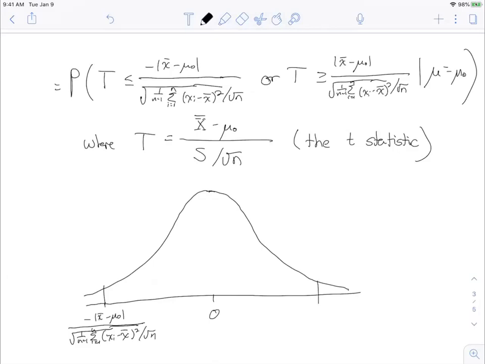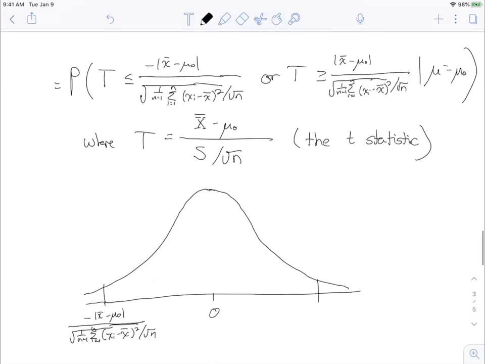And on the right-hand side, the same thing without the minus sign. All right, so basically we've just derived the t-statistic.